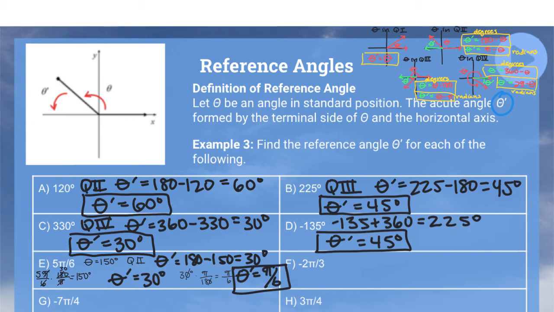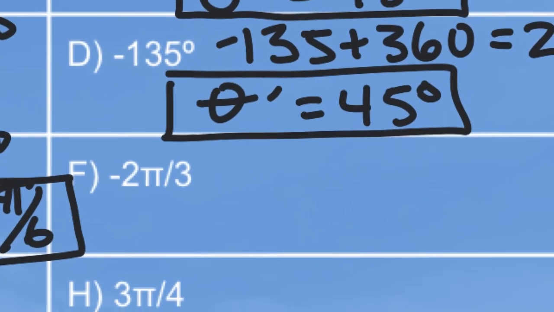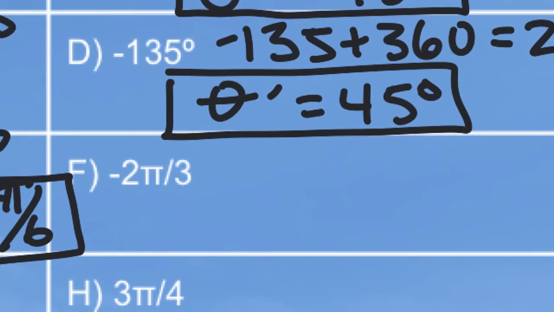So then let's go forward and look at f. F is negative 2 pi over 3. So we need to add 2 pi to this to get it to be positive.